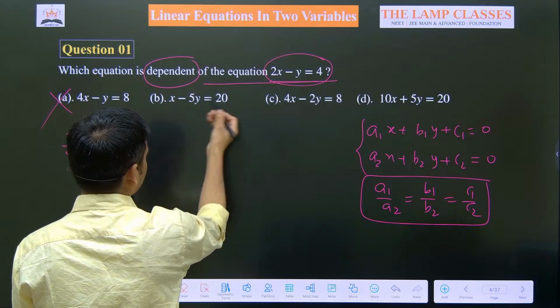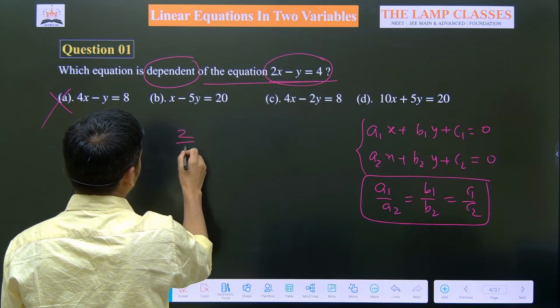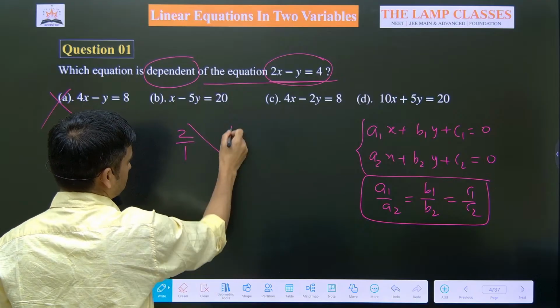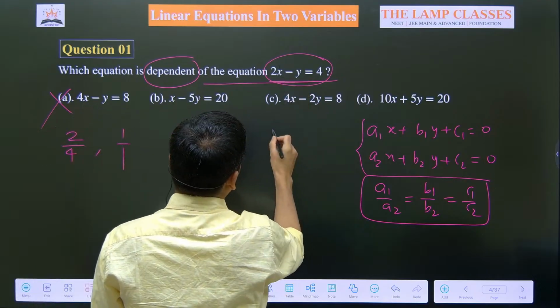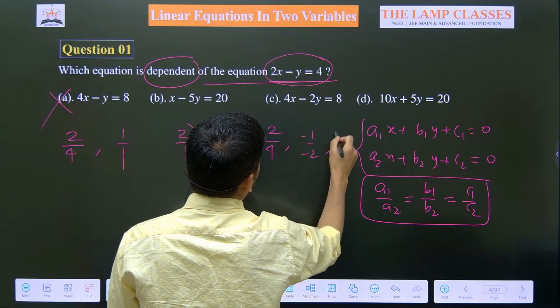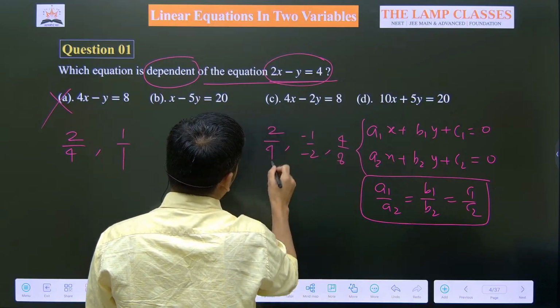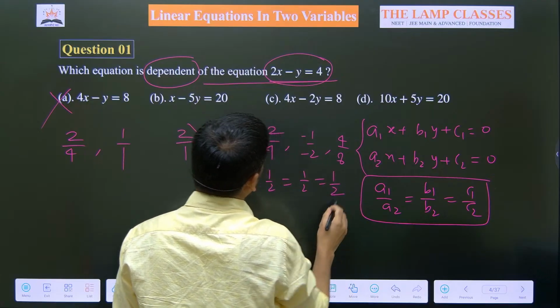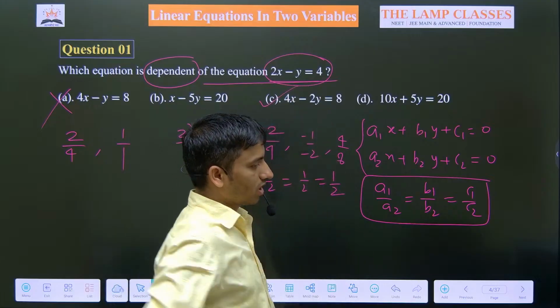Check this. Obviously this will also not be possible, because 2 upon 1 and this is 1 upon 5, minus 1 upon 5, this is also not possible. Check this one. So 2 upon 4, minus 1 upon minus 2, and 4 upon 8, which is actually 1 by 2. This is also 1 by 2 and this is also 1 by 2. So we'll just mark this option and move to the next.